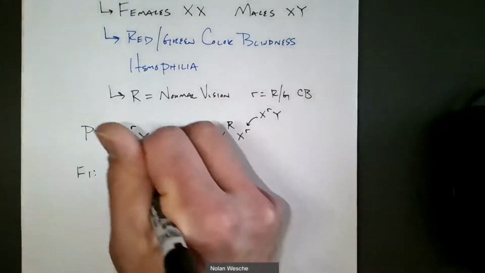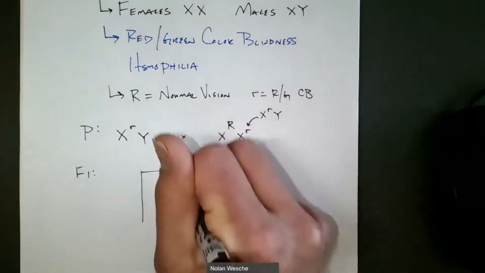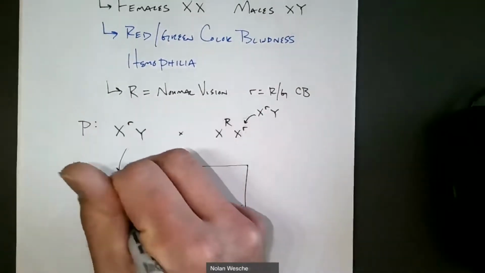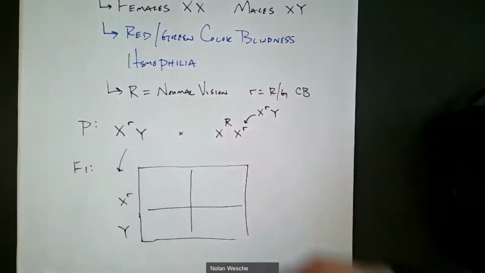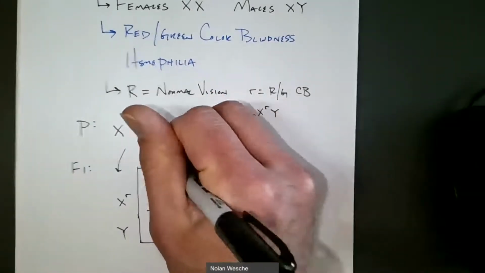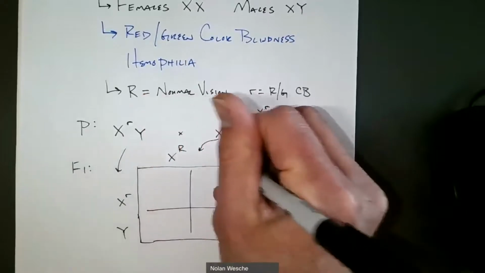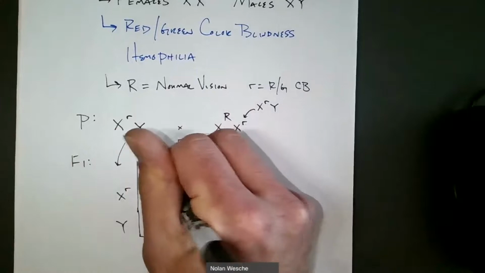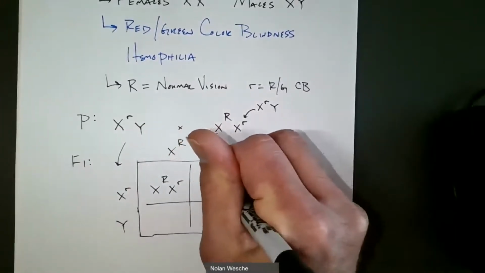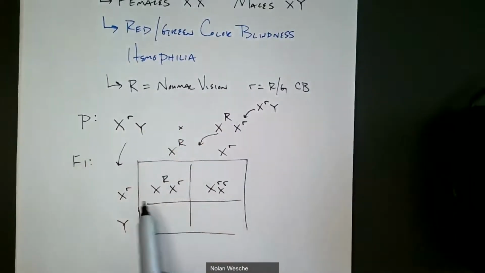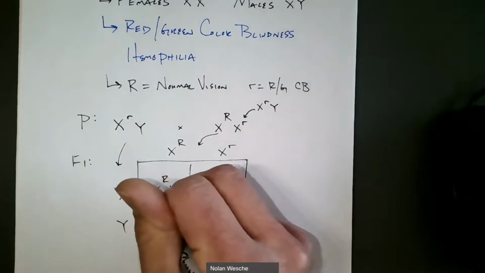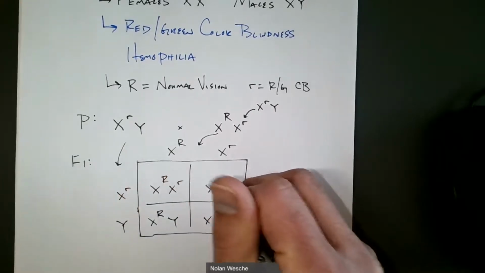So what we would do is draw our Punnett square and bring down our individuals into the square. We just start filling it in. So for females, it's 50-50. 1 out of 2 females are going to be red-green colorblind or normal. And for males, it's going to be the same 50-50 as well.